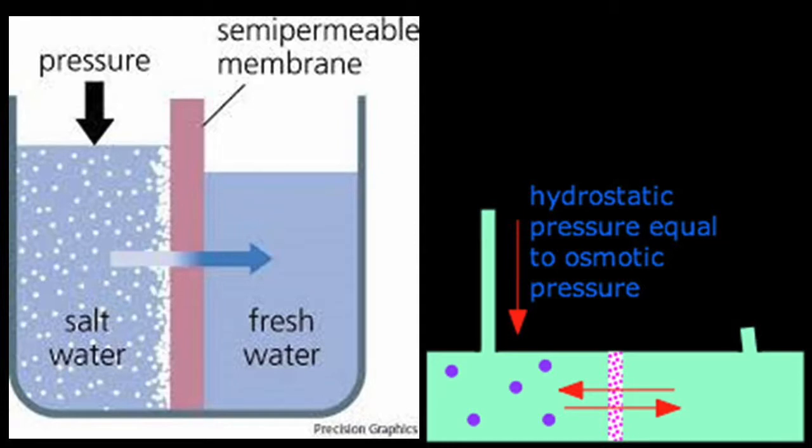You have salt water and fresh water, and you have the semipermeable membrane, hydrostatic pressure equal to osmotic pressure. Very important in the Middle East, where you have water desalination that produces fresh water in this way using osmotic pressure variations.